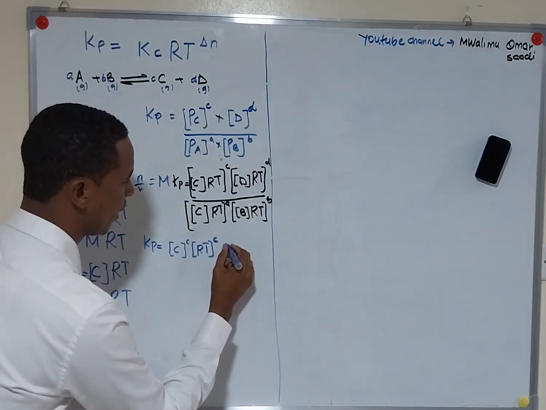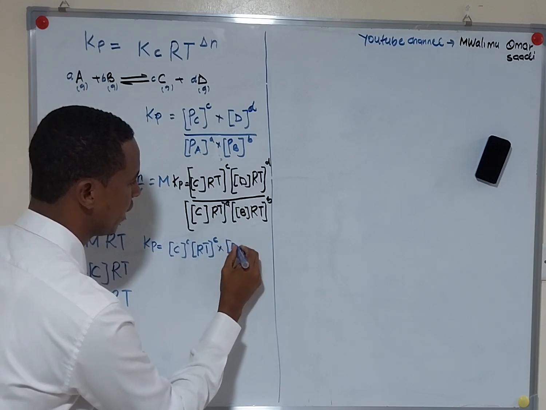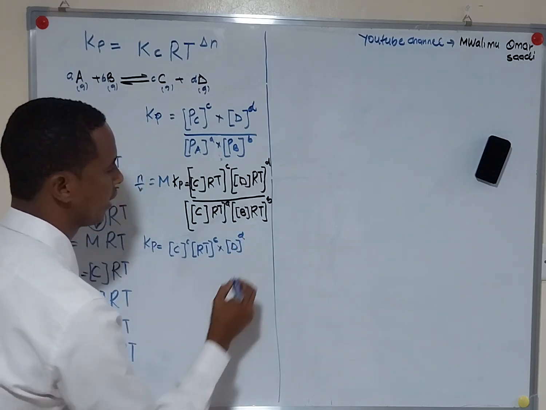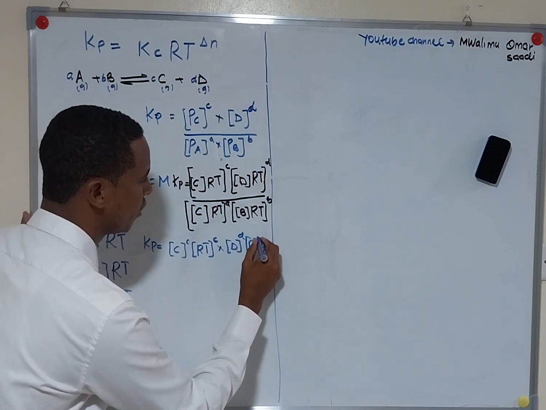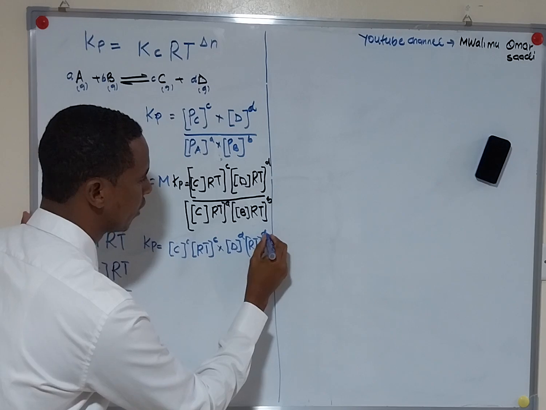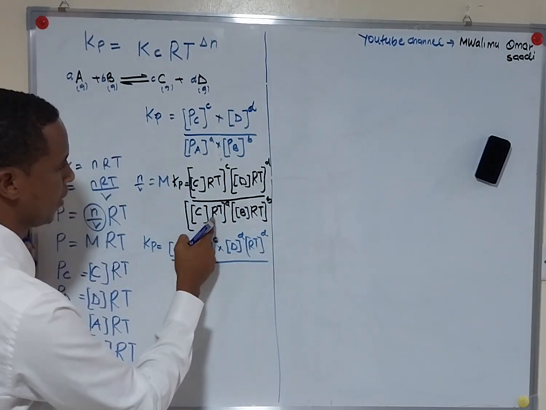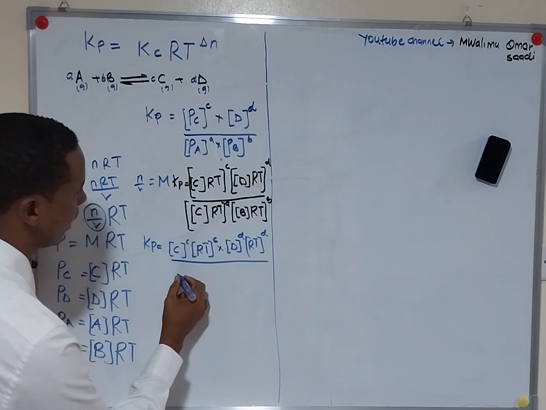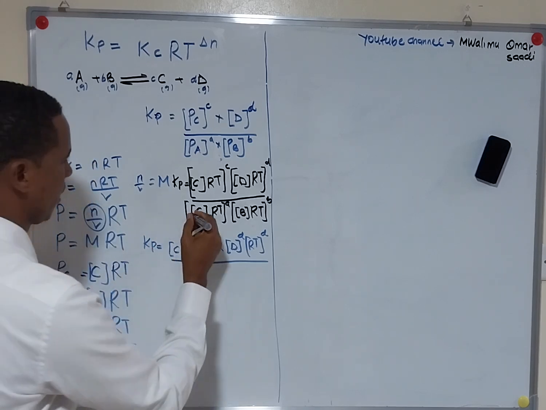We'll have times the concentration of D power to d, and then RT power to d, all over. Let's also do the same for this one. So we'll have, here we have A, not C.